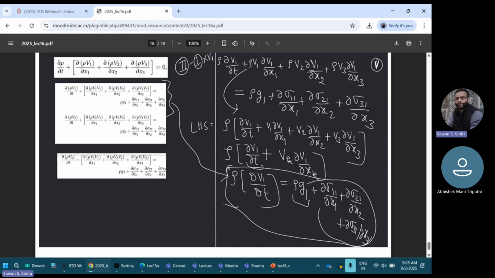This is a fluid particle that is at location x at time t. And all these quantities, derivatives of sigma, etc., are all at this point. V1 that is appearing there is at this point, and density is also at this point.